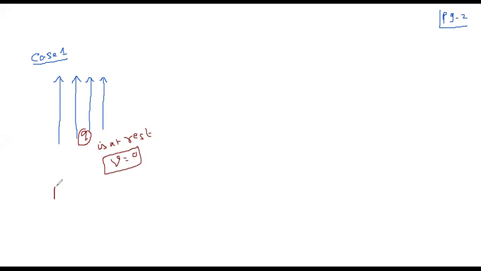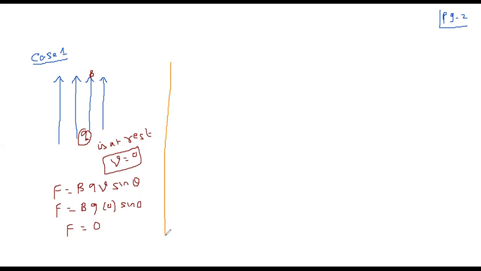The formula is F equals BQV sin theta. Since velocity is 0, F equals B times Q times 0 times sin theta, so F equals 0. So a charged particle at rest in a magnetic field experiences no force.